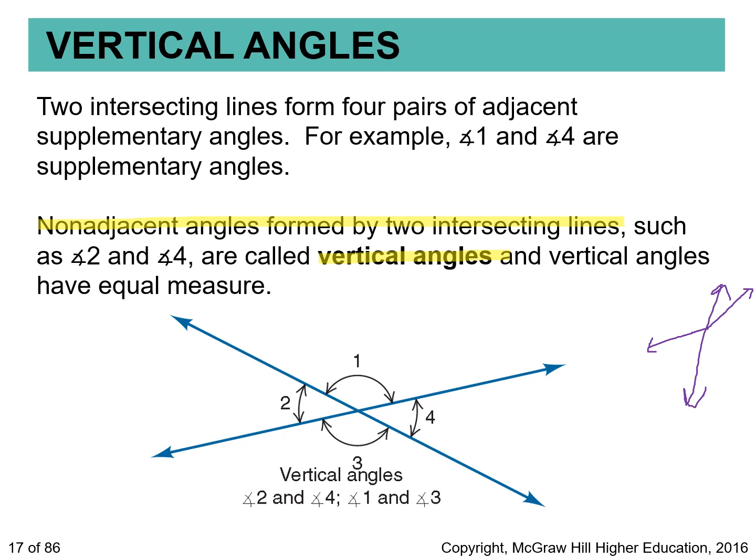So these are not vertical angles, because it's not two intersecting lines. So they have to be lines, not line segments or rays. Then what happens is, you'll see here, these two angles are the same, and these two angles are congruent or have the same measure.